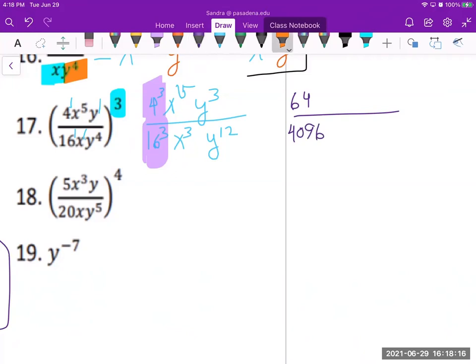I'm going to work with the variables, x to the fifth and x to the third. Let me make this one smaller here. That represents x to the 15 minus 3. And then I'm going to work with the y. And so then the y will be 3 minus 12 here.